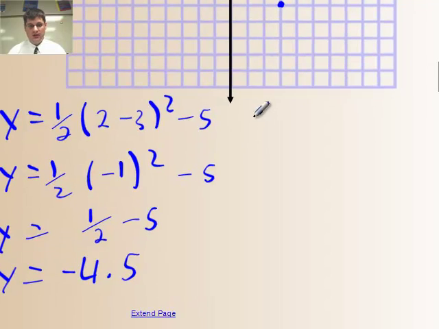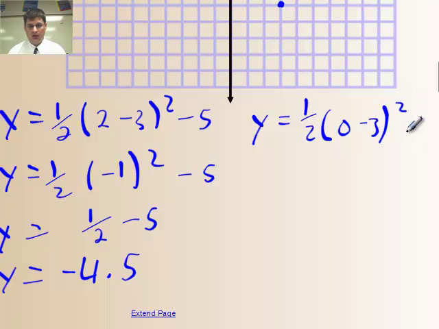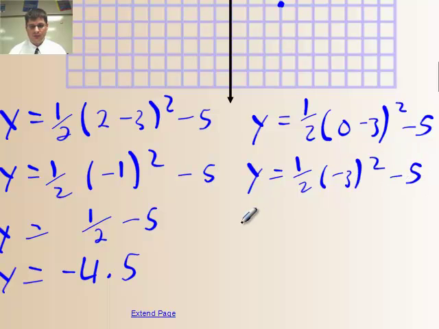Now we'll do 0. So y is equal to 1/2 times 0 minus 3 squared, minus 5. So y is equal to 1/2 of -3 squared minus 5. Okay, so we square 3.